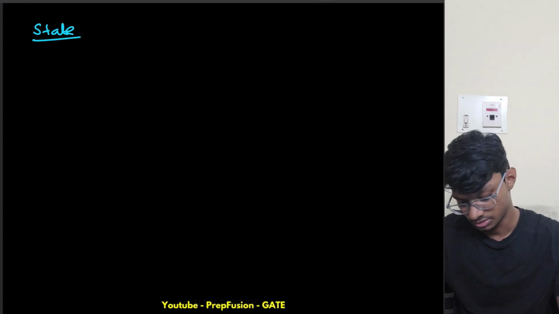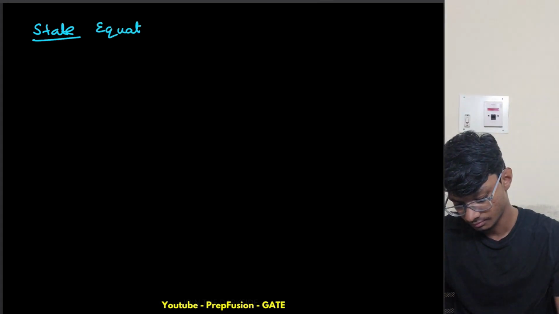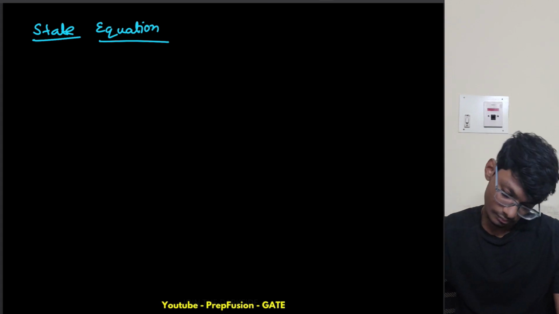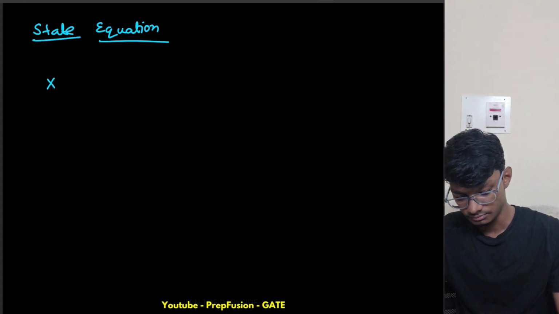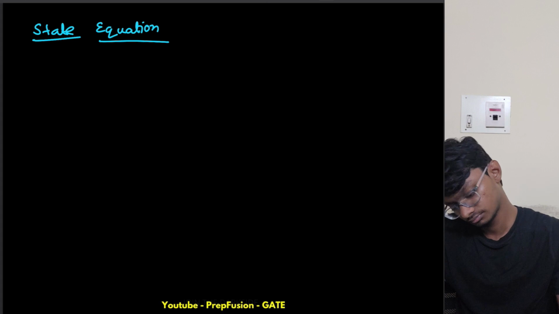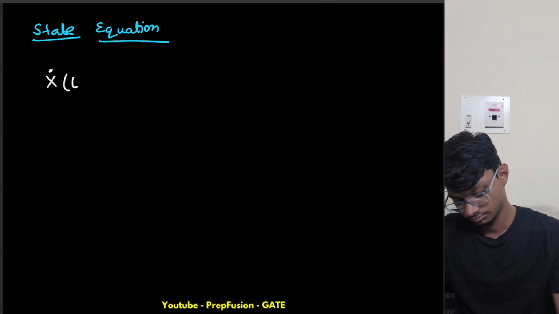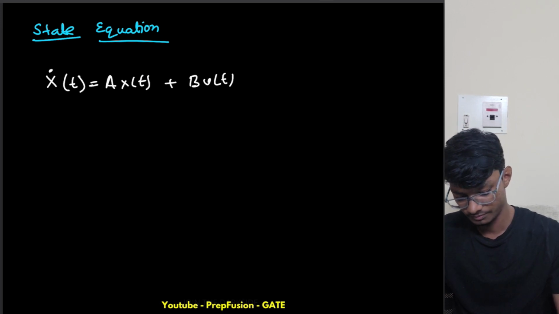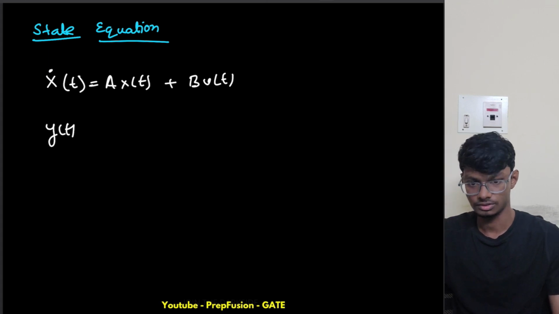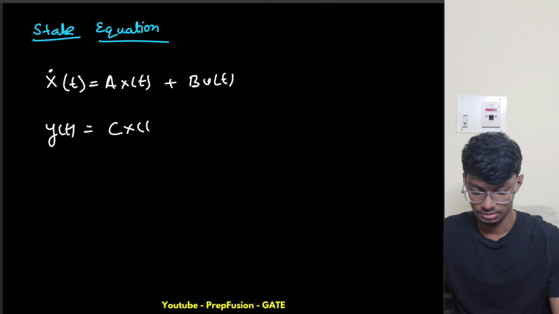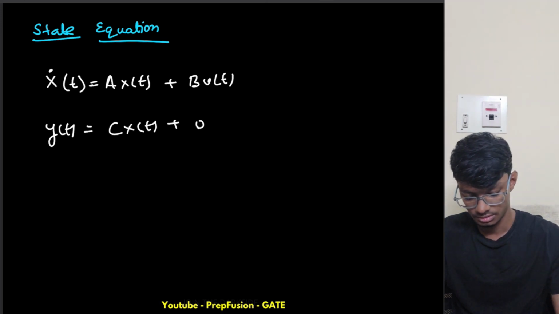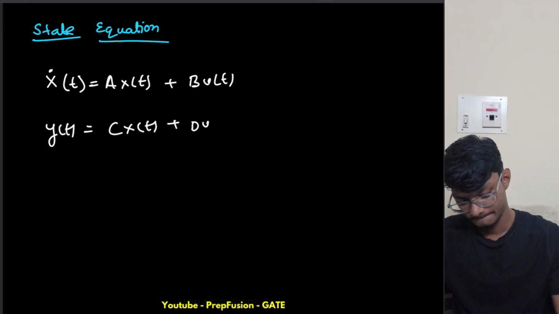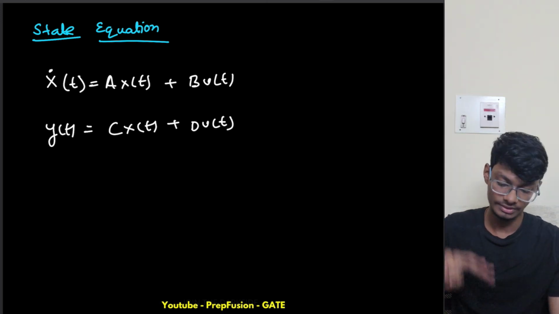The state equation is x dot of t equals A x of t plus B u of t. Now this is y of t, which equals C x of t plus D u of t.